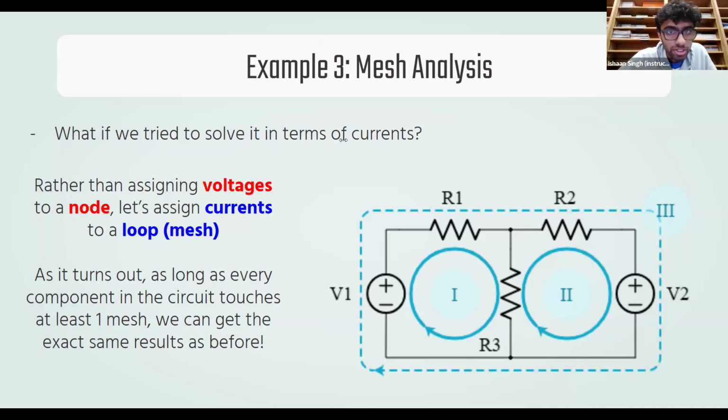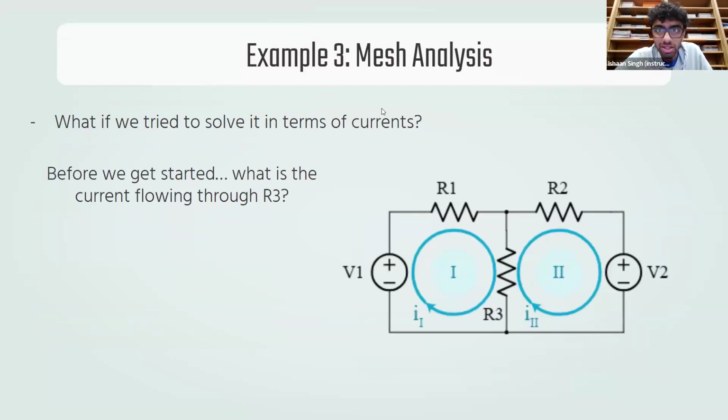The actual reason why this is true gets into a little bit deeper physics that I'm not going to speak on, but we are able to do that. But before we get started, in terms of the current going around this loop I1 and the current going around this loop I2, what is the current through R3?